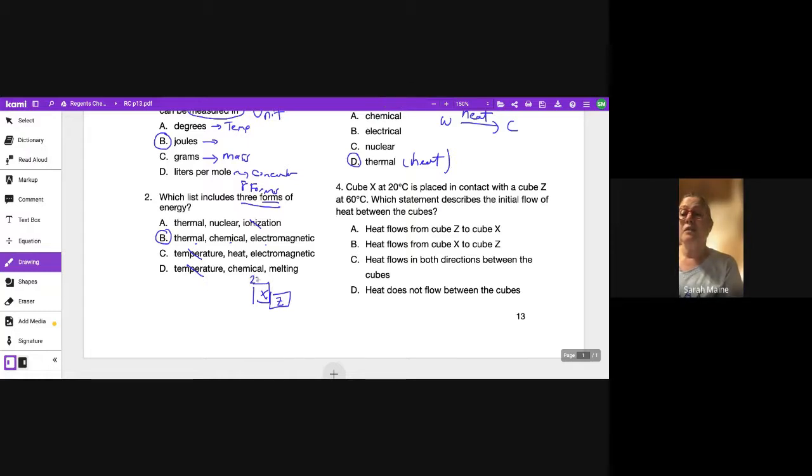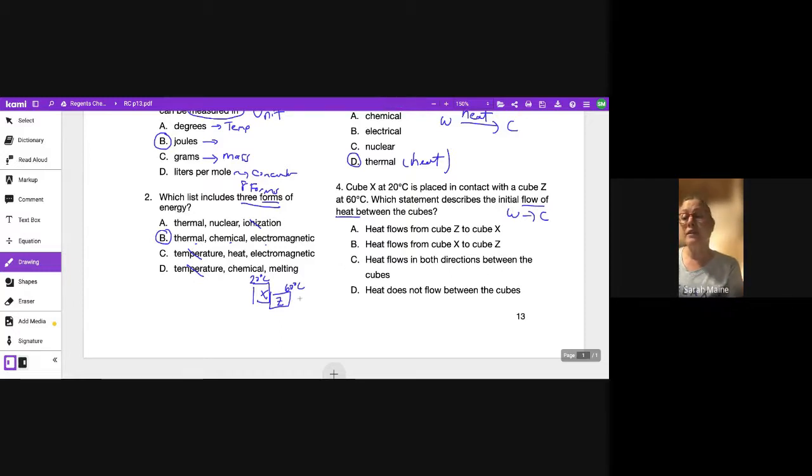Cube X is 20 degrees Celsius and cube Z is 60 degrees Celsius. Which statement describes the initial flow of heat between the cubes? Well, heat flow, as we have talked about, is always from the warmer to the cooler. It always goes from the sample with the higher temperature and transfers to the sample with the lower temperature.